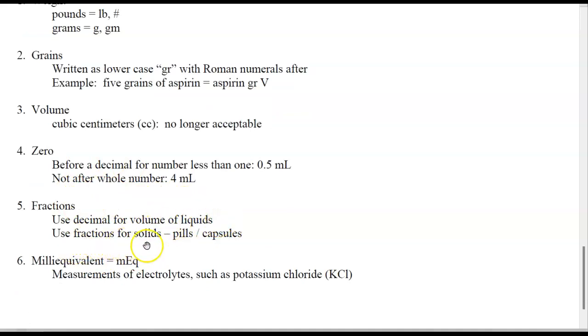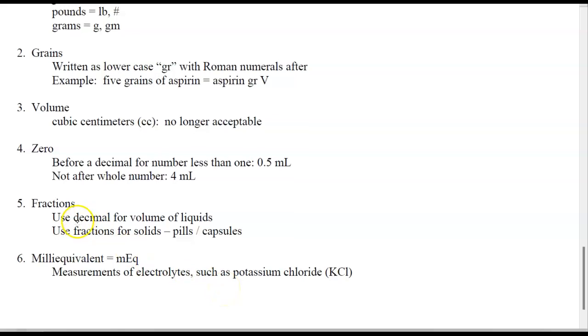Use fractions for solids such as pills or capsules. Now again, with capsules, we don't really give half a capsule. It's more whole numbers. So we're talking here more about tablets. So use fractions for solids. Again, for liquids, you use decimal. And for your solids, you want to use your fraction.